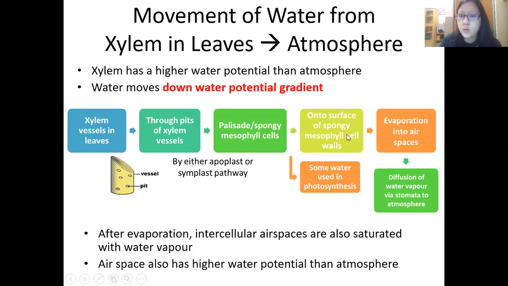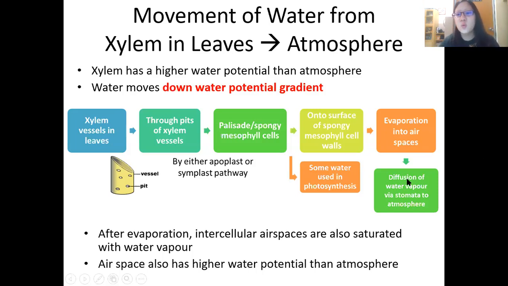Then the water on the outer surface of the spongy mesophyll cell walls, which is in the airspace, evaporates into the airspaces. So at first it's at the cell wall, then it evaporates into the airspace.